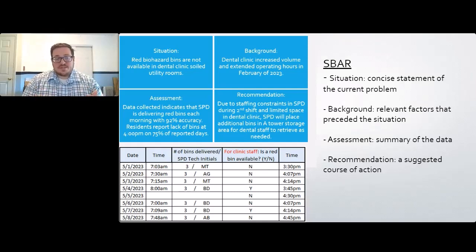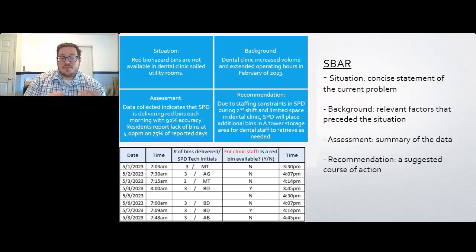So in one sentence, you would put your data here in the assessment, but in your recommendation, you've told them what a solution would be, told them what you're willing to do, what you can't do, which is have second shift deliver a whole fresh set of bins, and then you're telling them why. Now, somebody's going to make the decision who brings more red bins, whether it's SPD or the dental clinic.